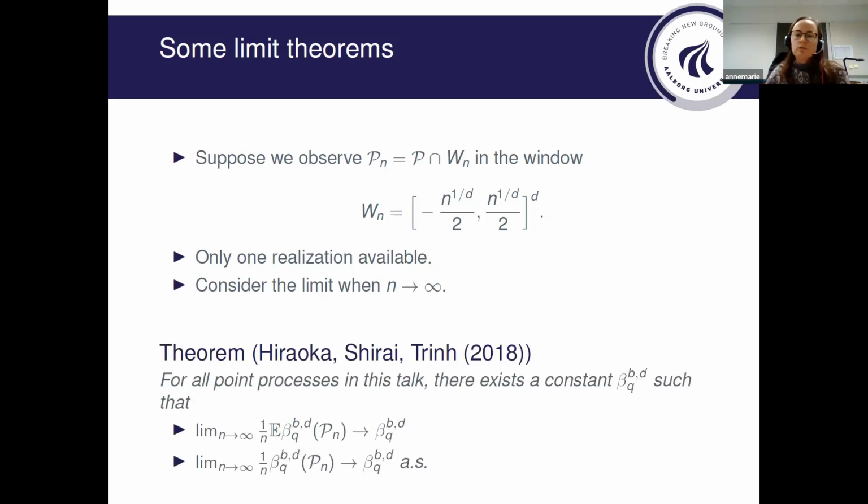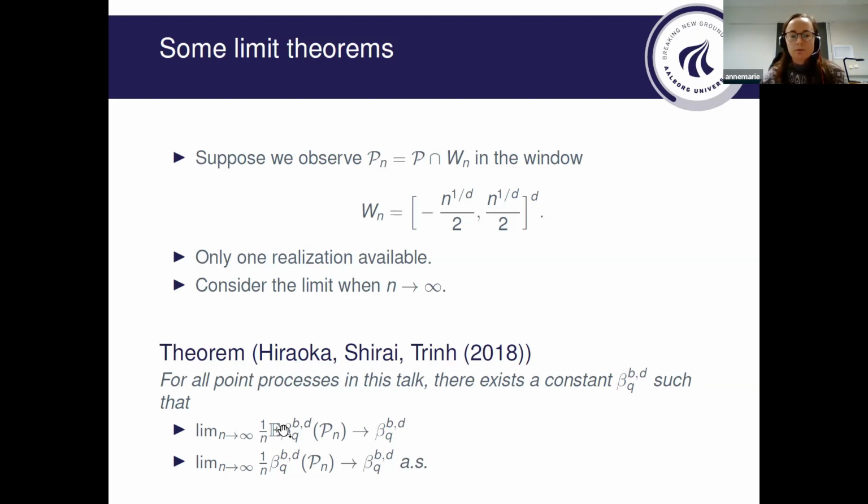And the first thing you could ask for is, if we look again at these persistent Betti numbers, do they converge when the volume of the window goes to infinity? And this has already been answered by Hirsch, Gieraï, and Trinh.